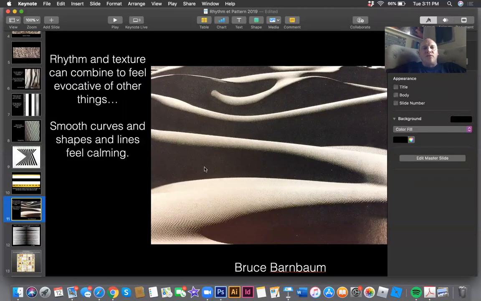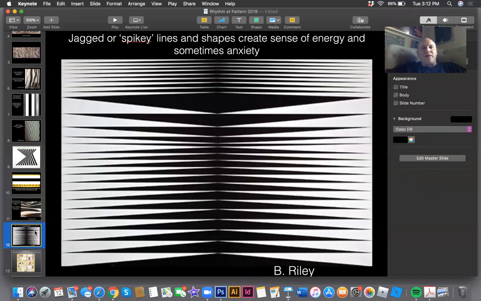And so rhythm and texture can combine to feel evocative of other things, so that's what's happening here. So smooth curves and shapes and lines do feel calming. Contrast that, here's another horizontal line structure that kind of goes against the general rules because the spikiness creates a sense of energy and even a sort of anxiety.